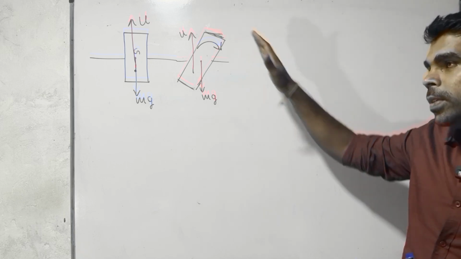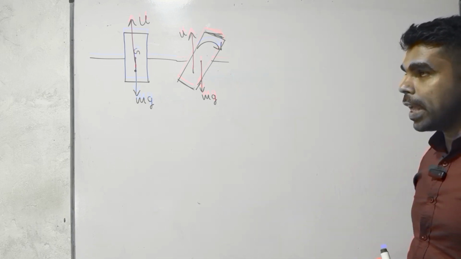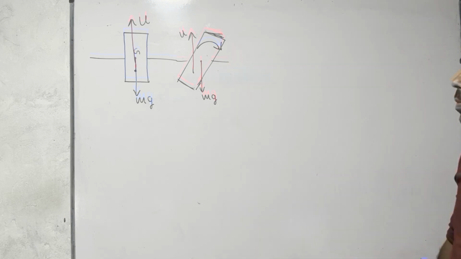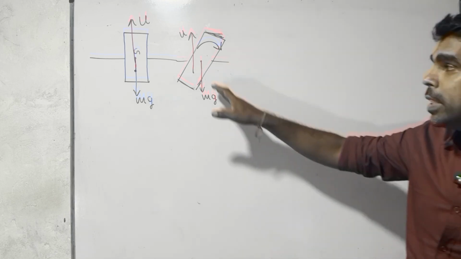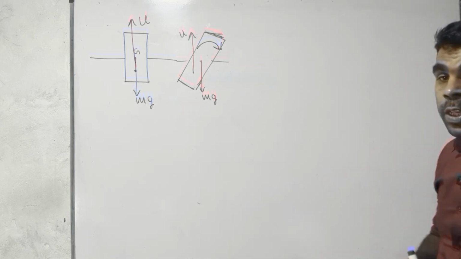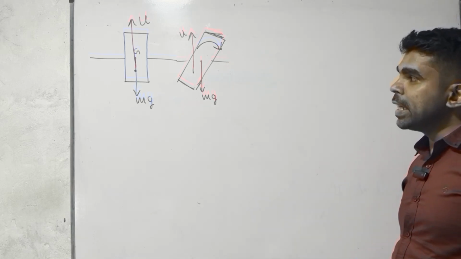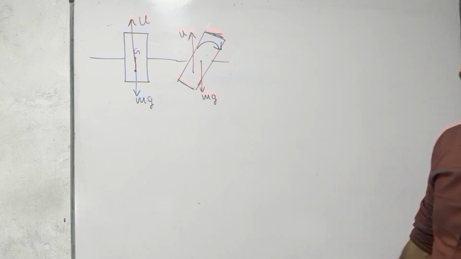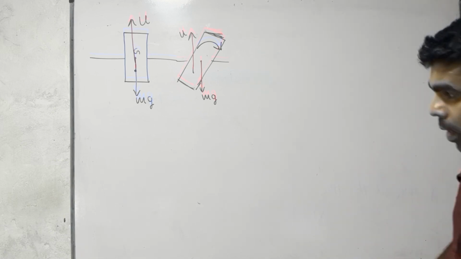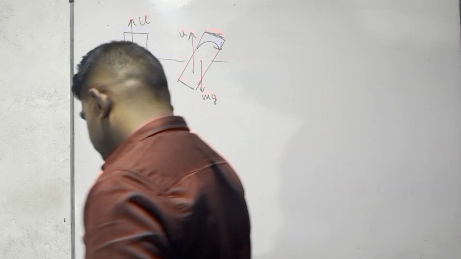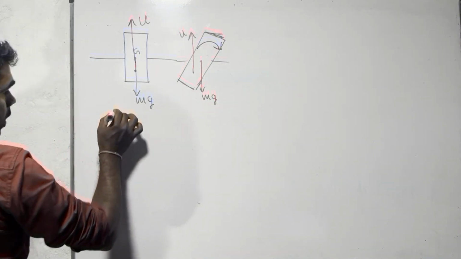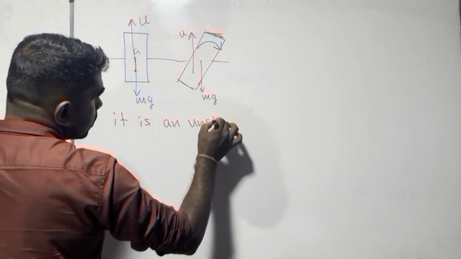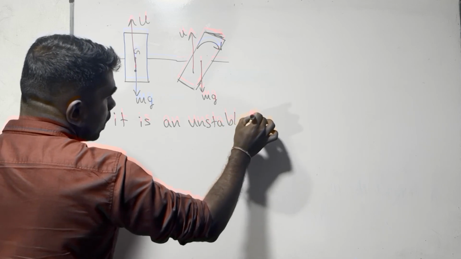If there is a small horizontal angle, it will rotate due to these opposite forces acting in different action lines. Then we can write, it is an unstable equilibrium.